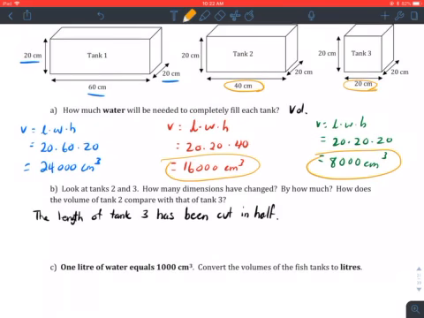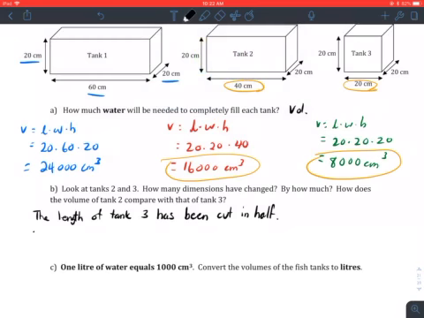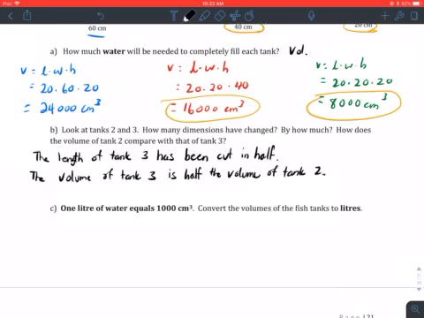Now what you're going to notice is the volume of tank 3 is half the volume of tank 2. Now that's no coincidence. Since we've reduced the dimension by half, our volume is going to be reduced by half as well if we make the dimensions smaller.